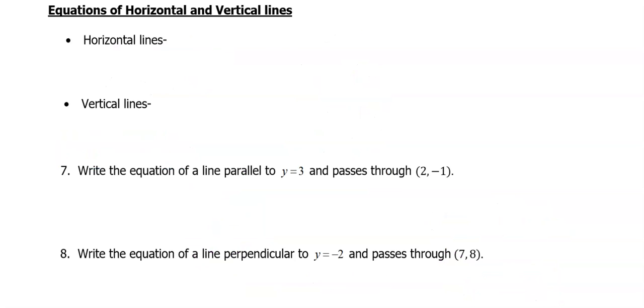Now we have a couple of special cases. Horizontal and vertical lines will only have either an x or a y. They will not have both letters. So for horizontal lines, it's going to actually be y equals some constant number c. And if it helps you to see this, we have the y-axis, the x-axis, and if we have a horizontal line, it's actually hitting the y-axis at some number.